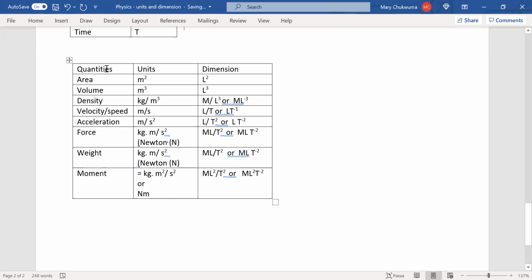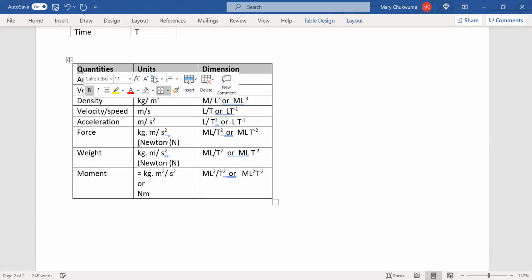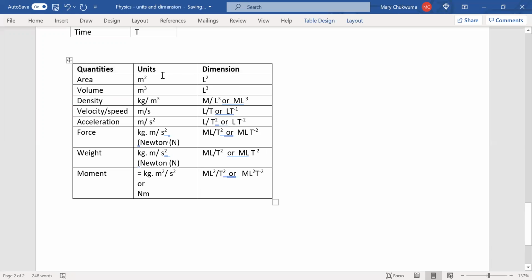So we have the quantities, unit, and their dimension. Basically, you can derive the dimension from the units, and vice versa. You can derive the units from the dimension. So take, for instance, area. Area is meter squared.